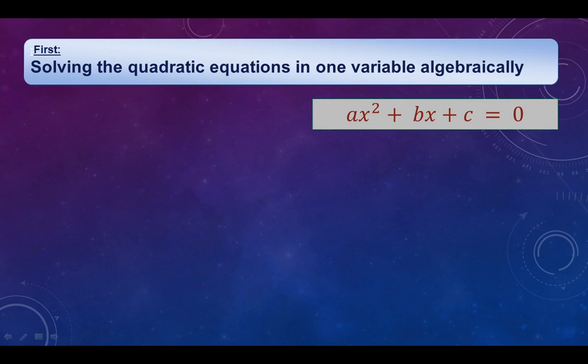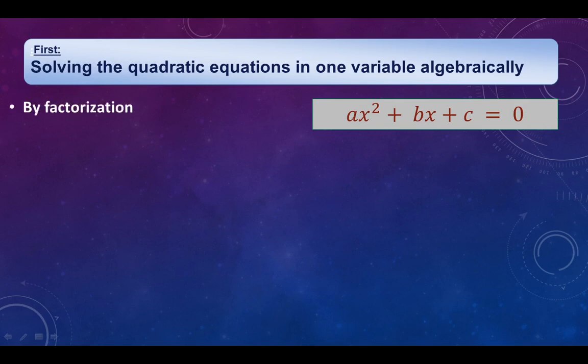Very important remark: any equation, we have to put it in the form of ax power of 2 plus bx plus c equals 0. This is our first task, to put any equation in the standard form of the quadratic equation.